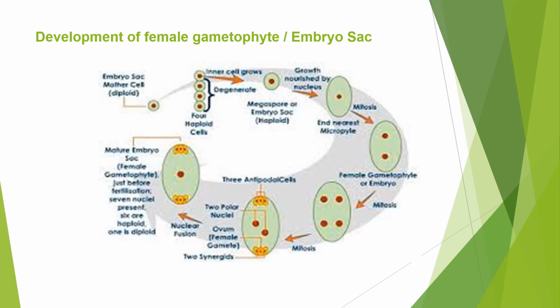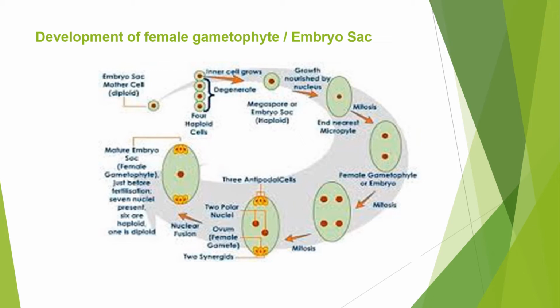So, at the end of the third mitotic division, 8 nuclei are formed which are distributed equally at each pole. Now, one nucleus from each pole moves towards the center, called polar nuclei. 3 nuclei lie at the micropylar end and 3 nuclei lie at the chalazal end.